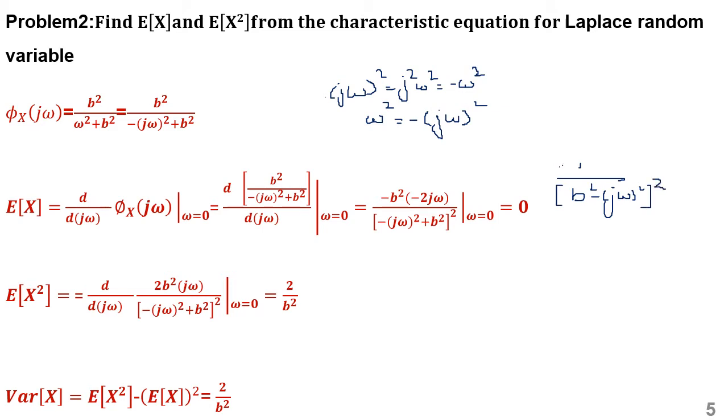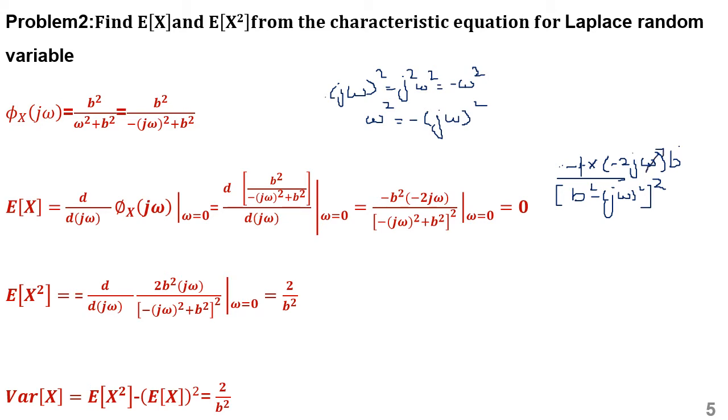You get this as minus 1 into the differentiation of the denominator term, that is minus 2j omega, and the constant term is b square. So here you are putting omega equal to 0.